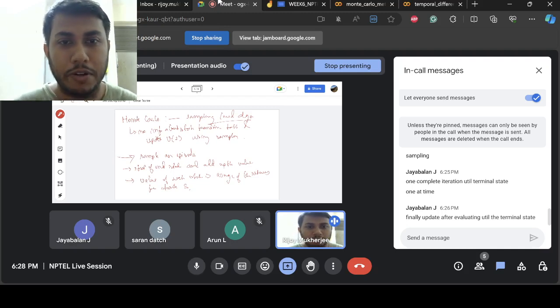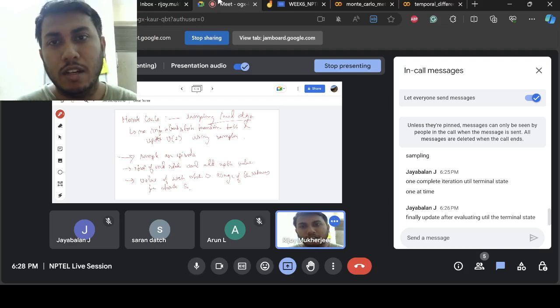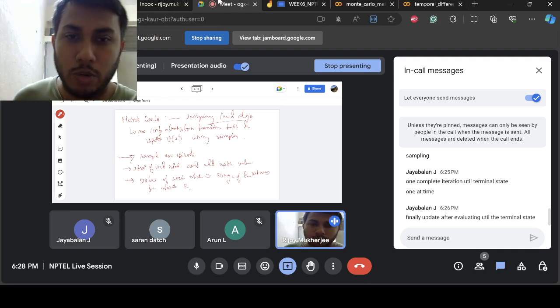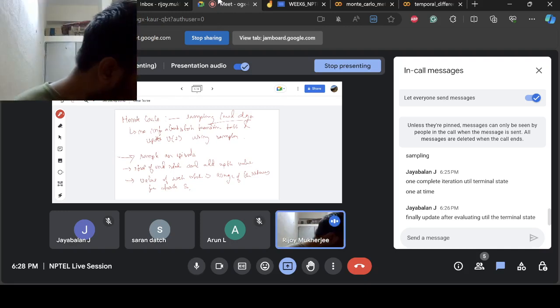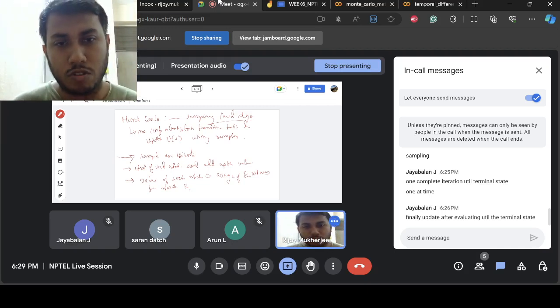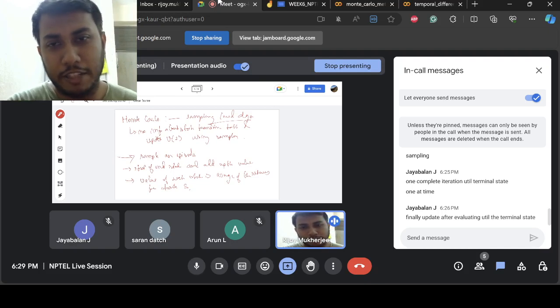When you are evaluating a policy, generating an episode, you are using the same policy to generate it. So every time you are averaging it out.